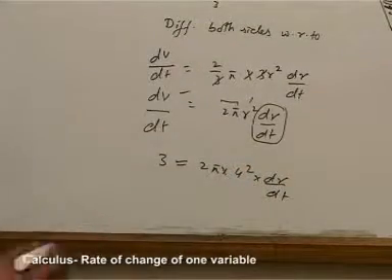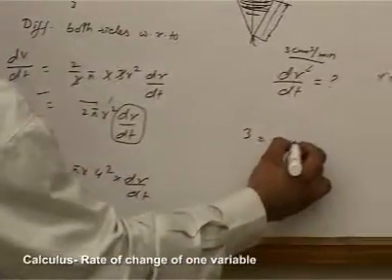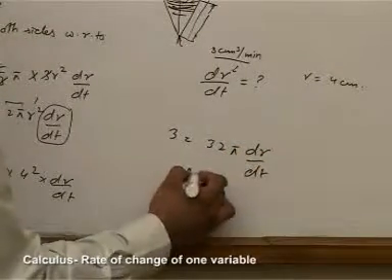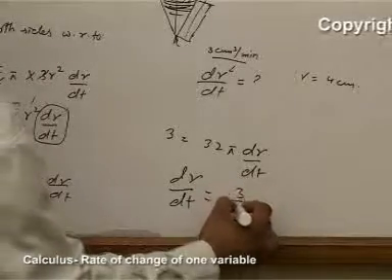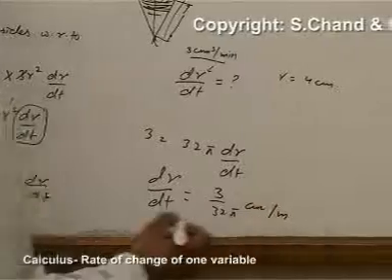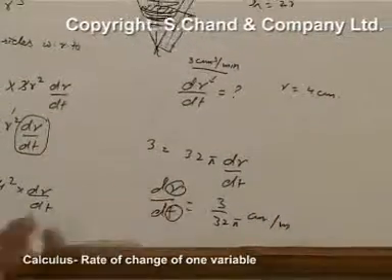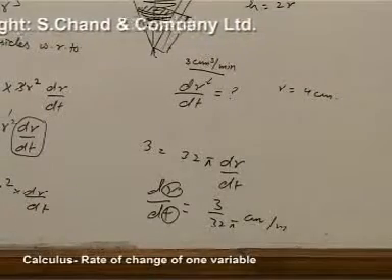So 3 equals 32 pi dr by dt. So dr by dt, meaning the rate of change of radius with respect to time, is 3 by 32 pi centimeter per minute. The unit is always given by the unit of radius over the unit of time. So this is an example of rate of change of one variable with respect to the other.